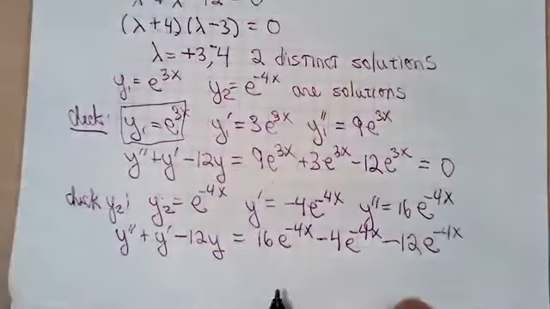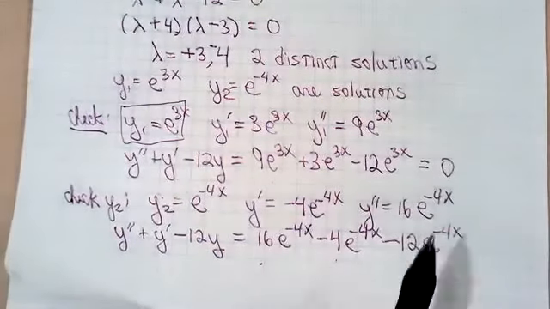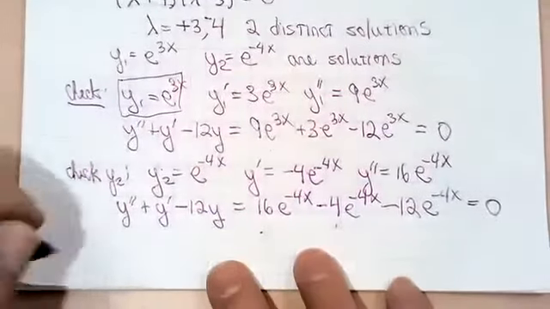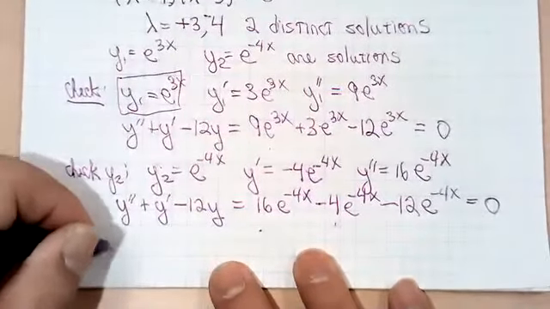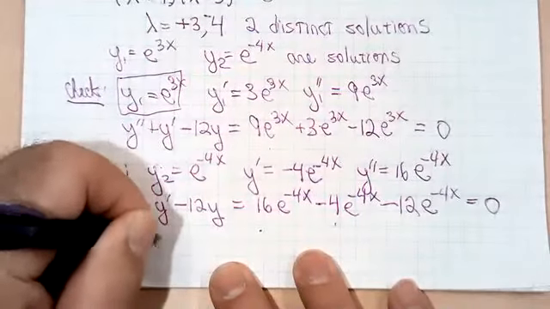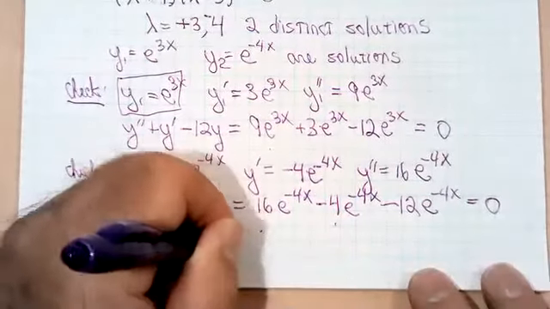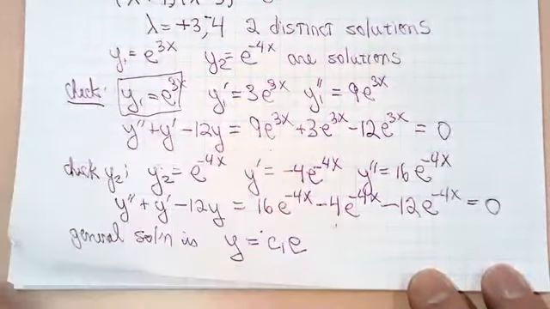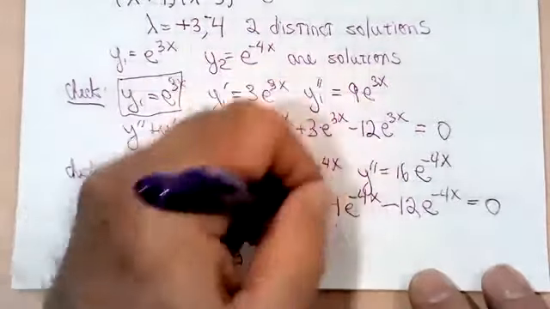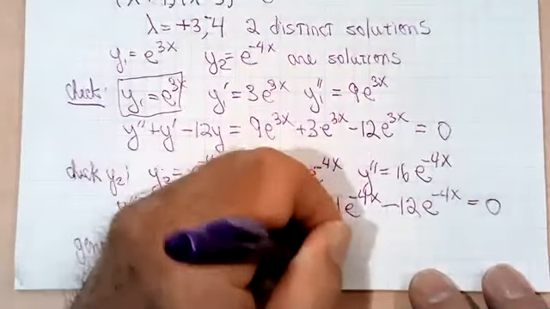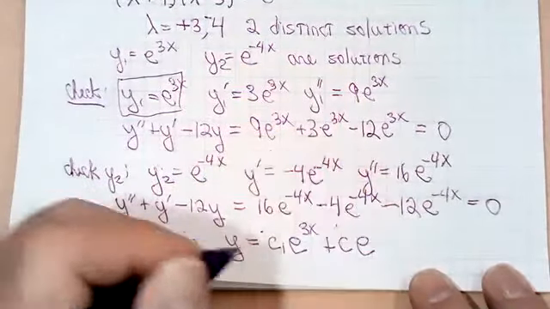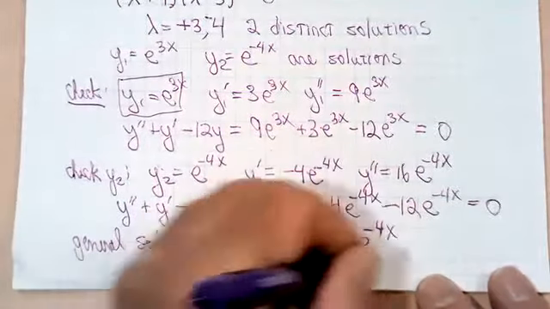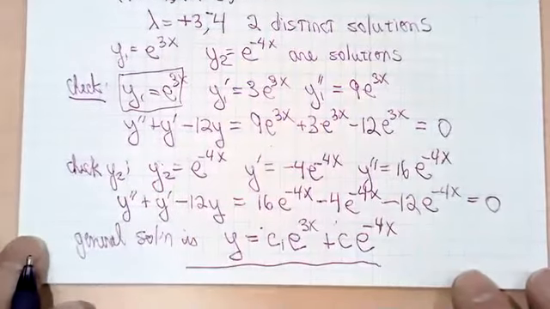And let's check. 16 minus 4 minus 12, sure enough, is 0. So the general solution is y equals c1 times the first basis function, e to the 3x, plus c2 times the second basis function, e to the minus 4x. There is the solution to the ODE.